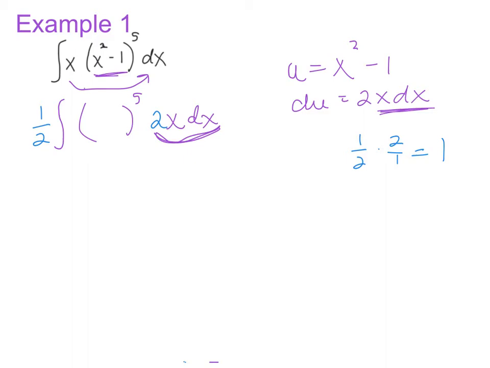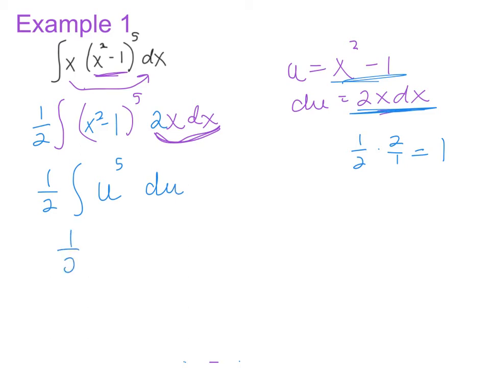Okay? So this piece in here, this x squared minus 1, remember, is u. And this 2x dx is du. So we could actually substitute here. We could say 1/2 u to the 5th du. Well, now this just looks like a regular integration problem, right?